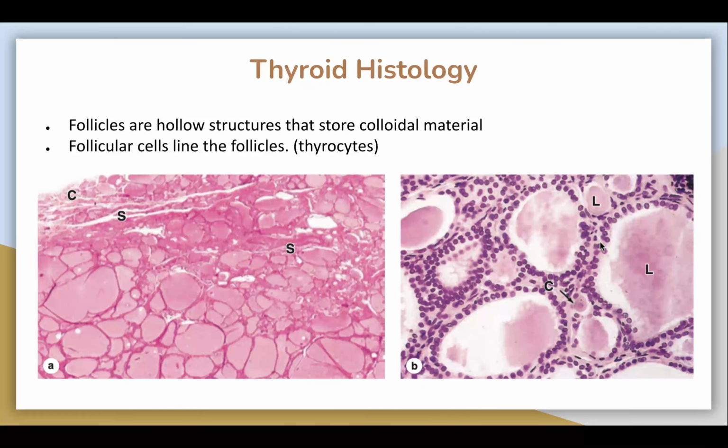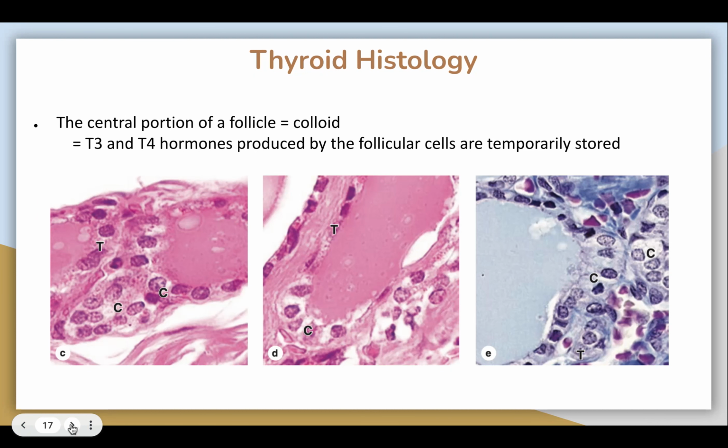Whereas the thyrocytes within the thyroid follicles produce T3 and T4 thyroid hormones. Okay, the central portion of the follicle, as we have mentioned, contains the colloid, the proteinaceous material, and T3 and T4 are produced by these thyrocytes here, which are simple cuboidal in arrangement.